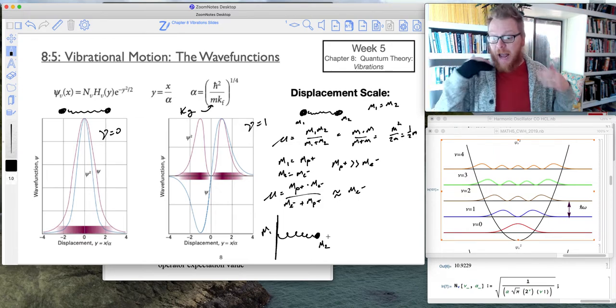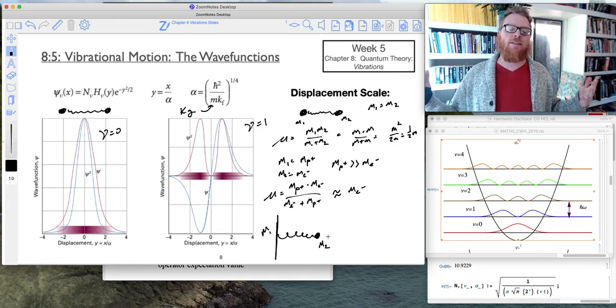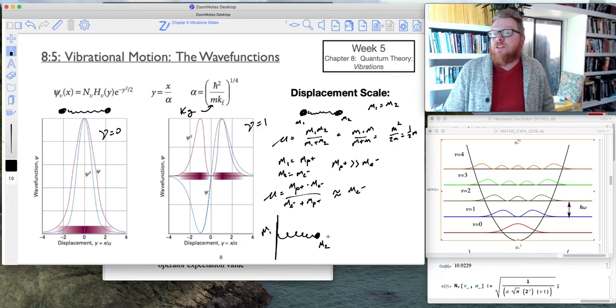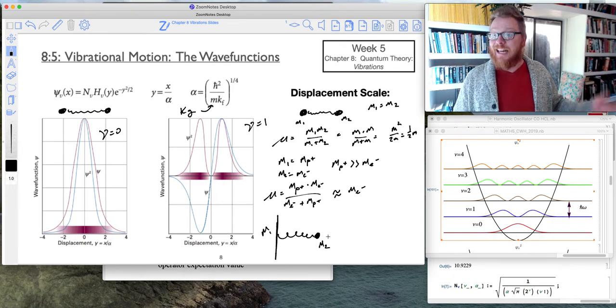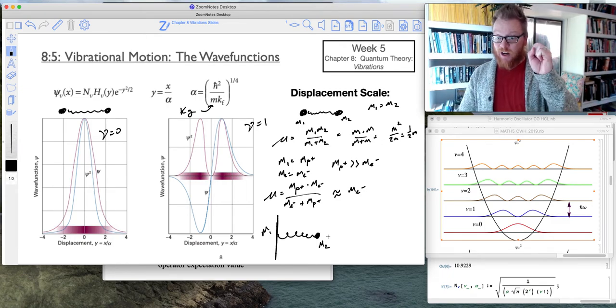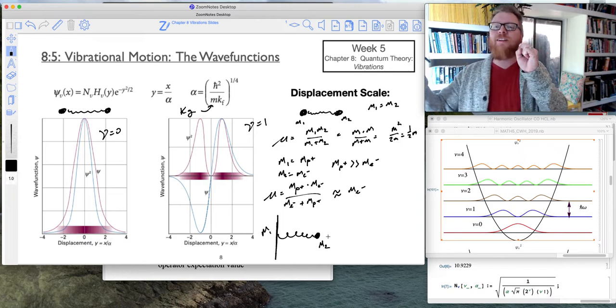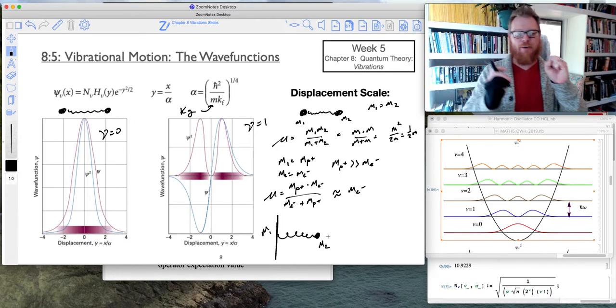So in this example of a one electron system, it appears as though our nucleus, or our proton, if you will, is stationary. It's stuck there in the middle while this electron is oscillating back and forth.